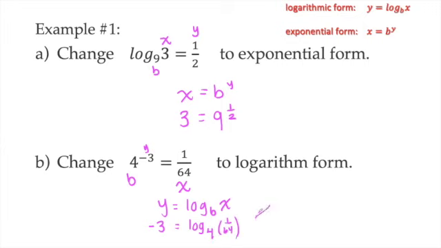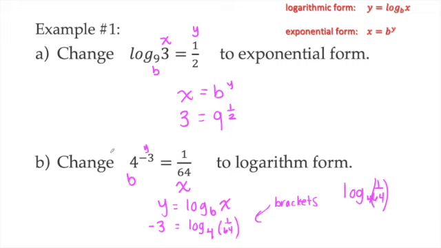I say put brackets there. Brackets aren't necessary, but it gets a little confusing if you write it messy and it looks like 4 to 64, where is that? So putting brackets around it keeps it neater. I would recommend putting brackets just for your own sanity.